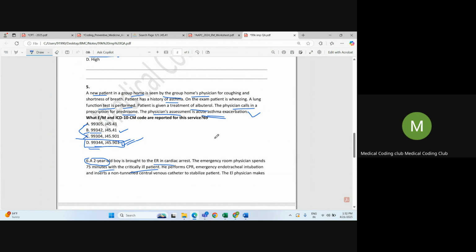As you all know, for less than 30 minutes of critical care, we don't code it as critical care. But for a 2-year-old baby, if the patient is shifted to NICU, we have that age category, right? Initial and subsequent treatment for neonate, pediatric. Up to 5 years, we have a separate code.